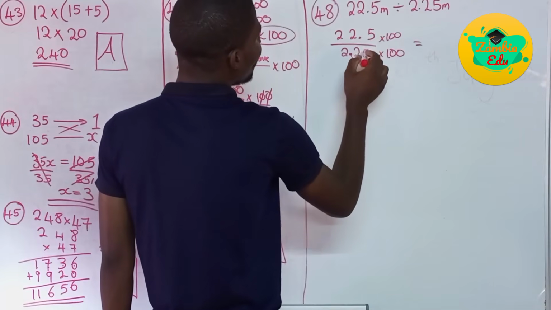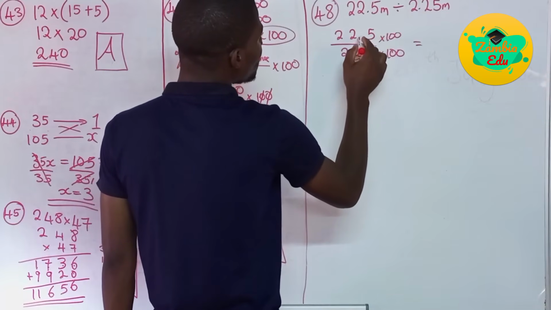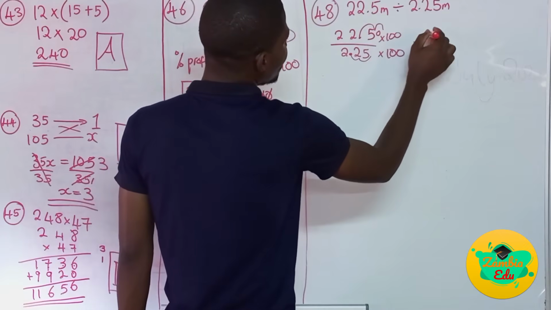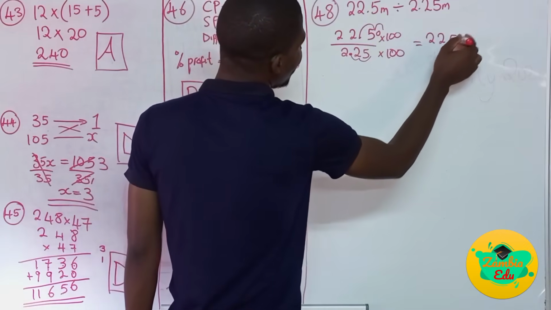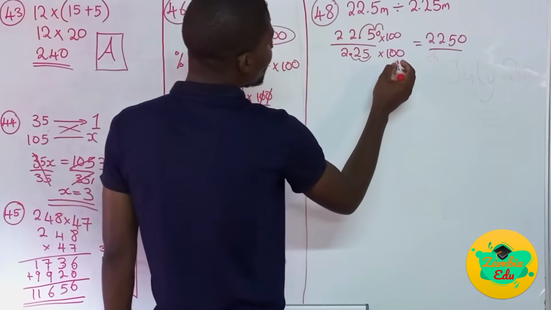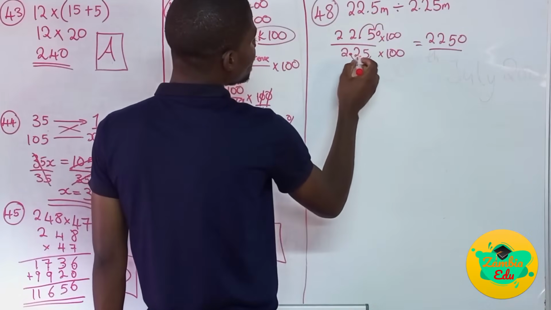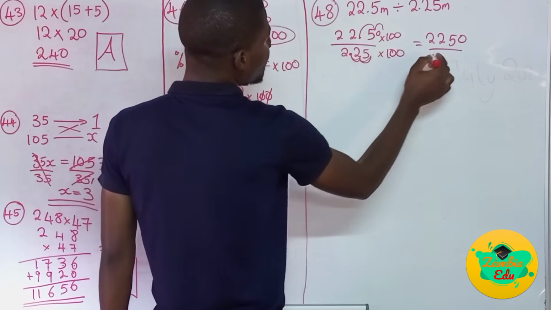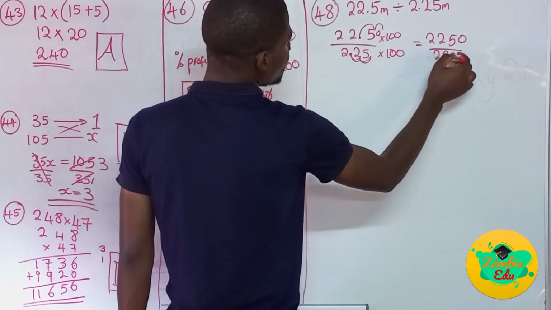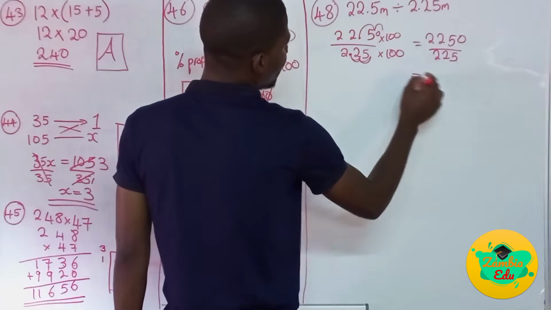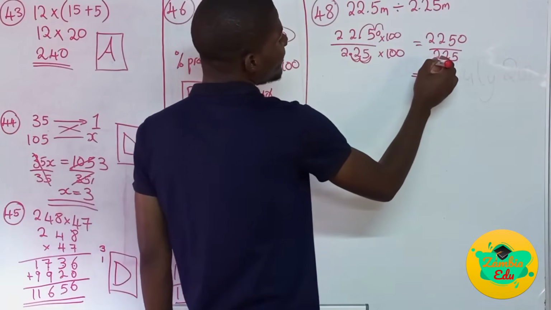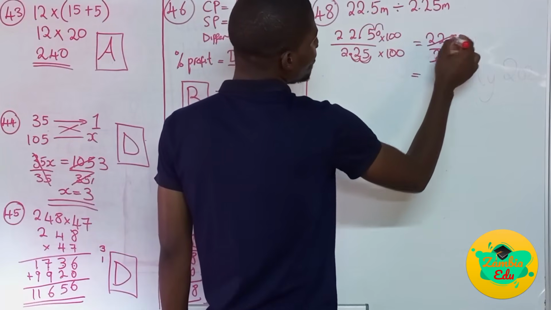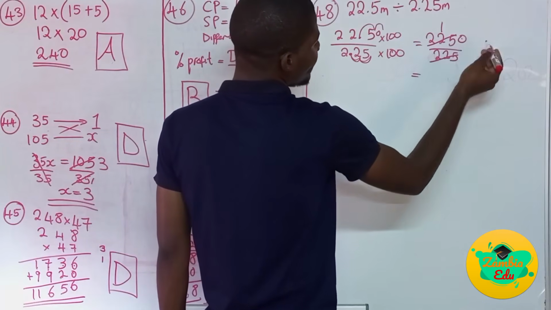So it moves the decimal place twice, 1, 2. So we'll have a 0 there. So we get something like 2250 over 100 times 2.25. So the decimal places will move twice again, 1, 2, which will give us something like 225. 225 into 2250 is 10.